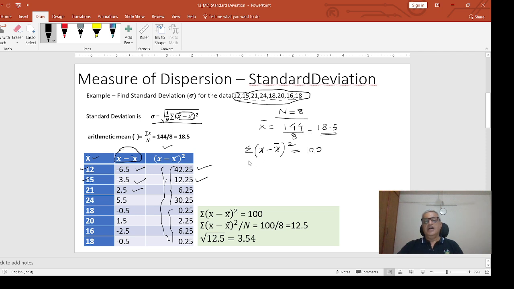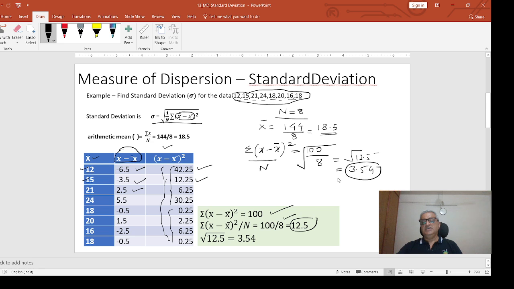Now I have to see here there is n, so I have to divide by n, which is 8. So sigma (x minus x bar) square divided by n is 100 divided by 8. That is 12.5. And afterwards, I have to find the square root of 12.5, which is 3.54.